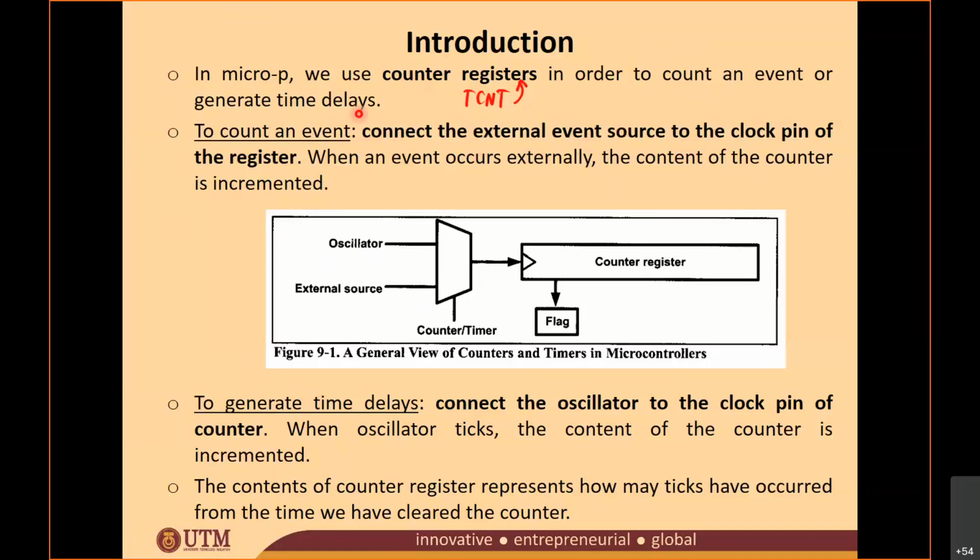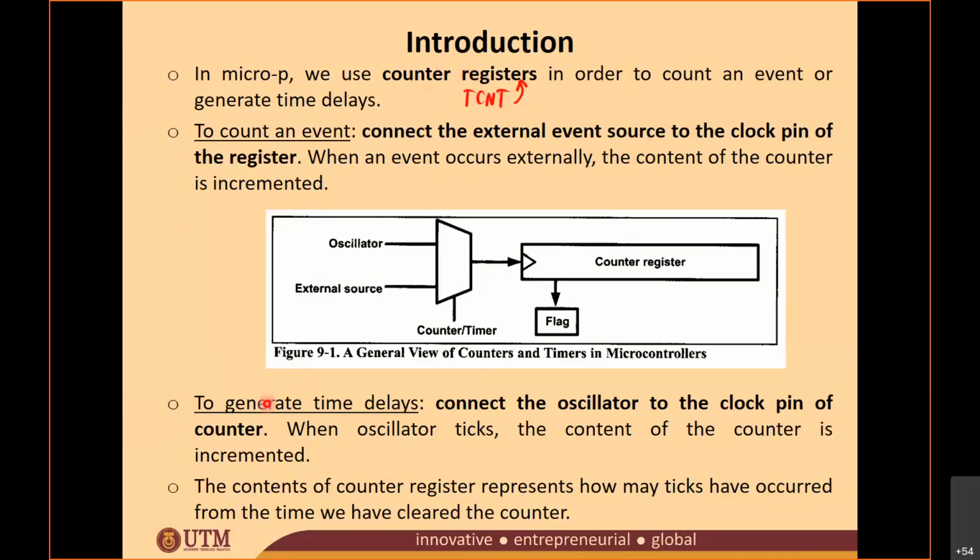Usually we connect to switches. So whenever an event occurs externally, the content of the counter is incremented. Whenever the switch is pressed, for example, the value of this counter register will be incremented.